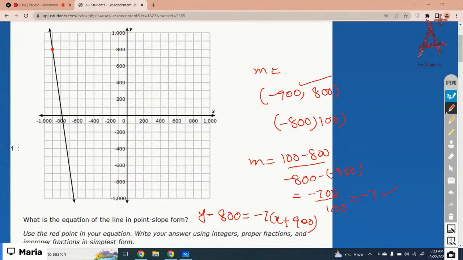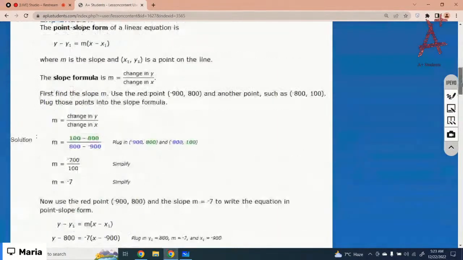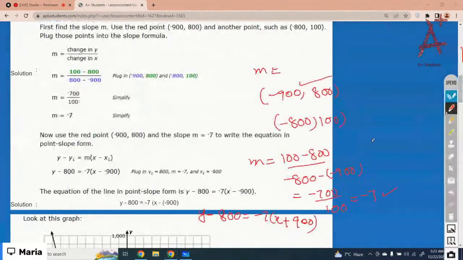Got it? So here is the equation. y minus 800 equals negative 7 times x minus negative 900. Got it? Either you can write it as it is, or you can make it a positive.